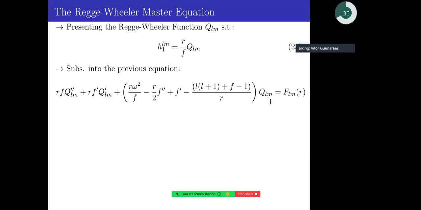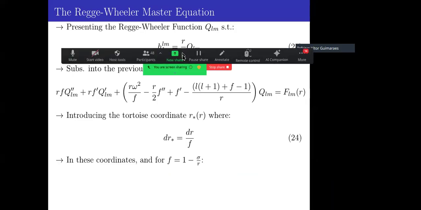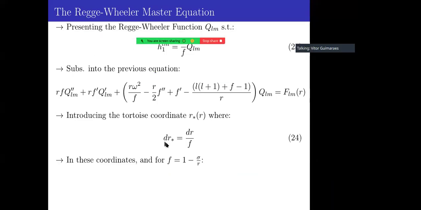The tortoise coordinate is this r star, and r star is related to r by this expression. So here we see that r star is a function of r.